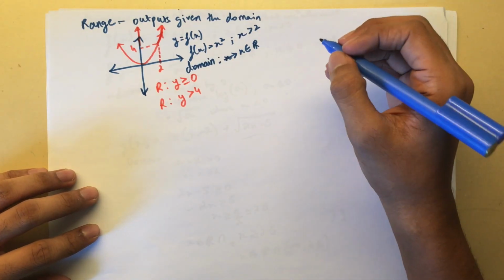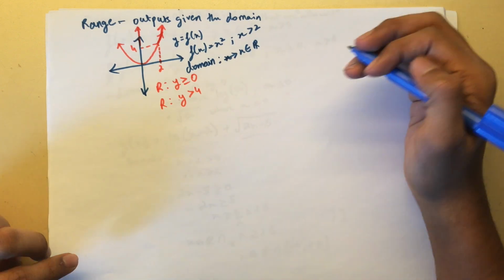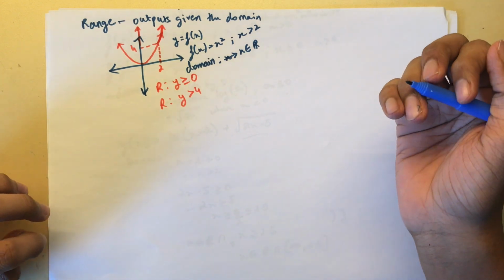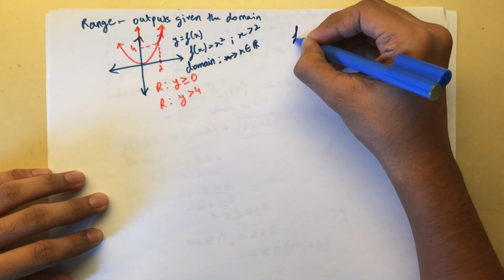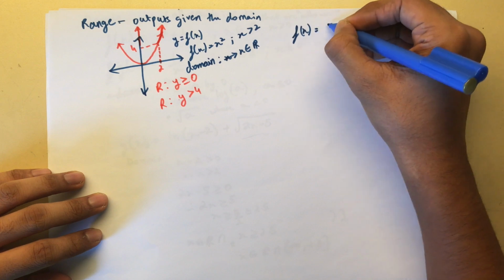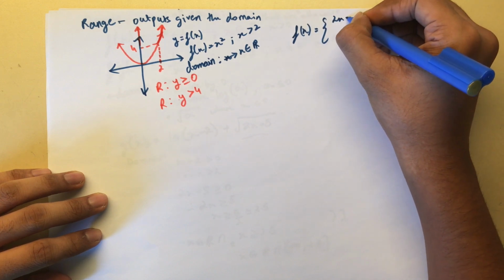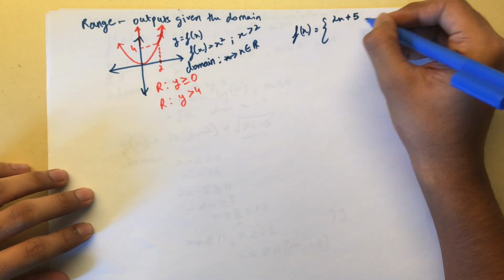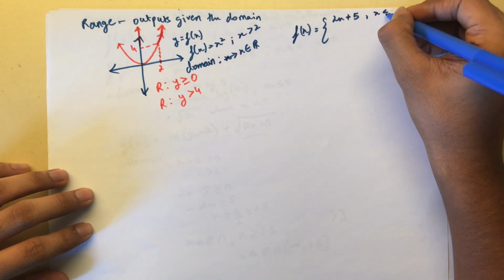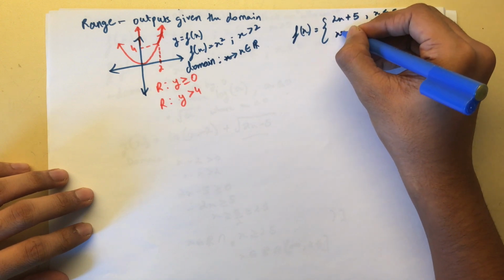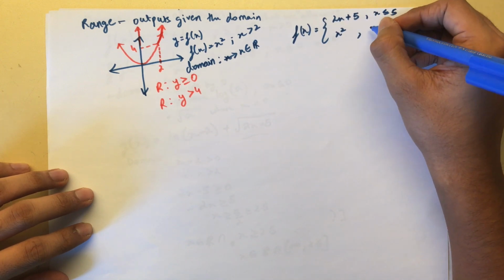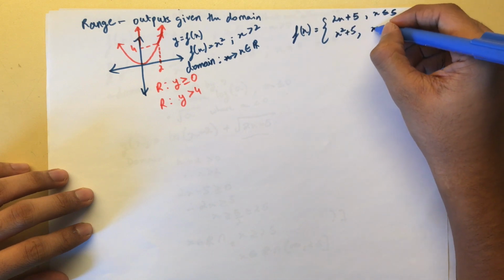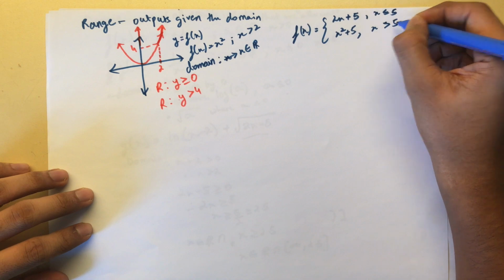Another situation that you might get is that the entire function might not have the same rule, so to say, across the entire domain. So we could say that f of x is equal to 2x plus 5 for x less than or equal to 5, and x squared plus 5 for x greater than 5.